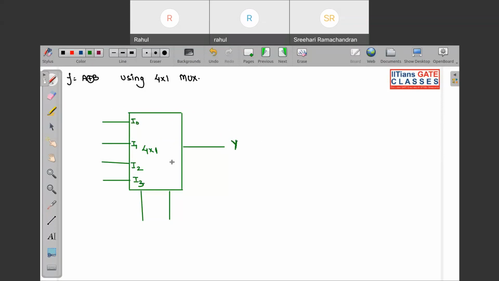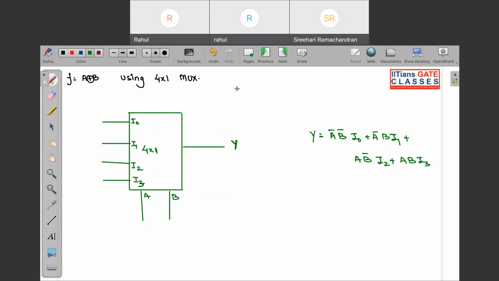If I put A and B in the selection lines, Y will be equal to A complement B complement I naught plus A complement B I1 plus AB complement I2 plus AB I3.